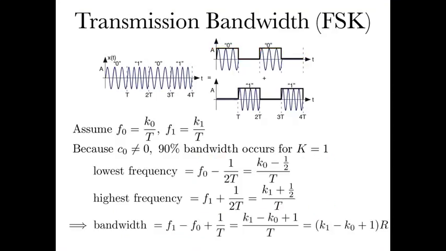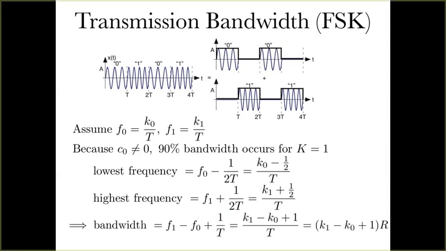Now, when you want to think about what the modulated spectrum looks like, we ought to draw a little picture here. After we modulate up to F0, we have our center. We go up to the first harmonic on either side, and so this has a bandwidth of some amount, but we're worried about the total bandwidth of the entire FSK signal set.